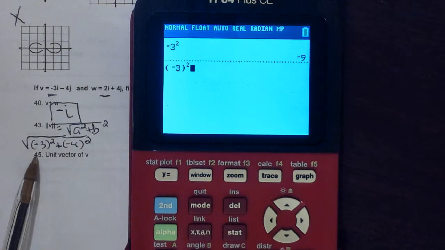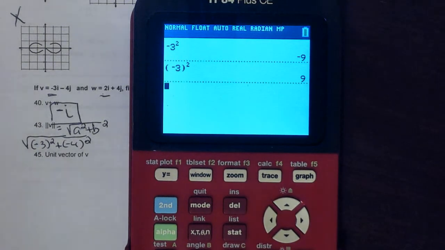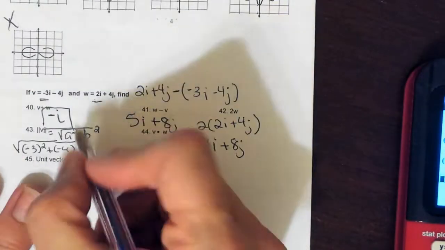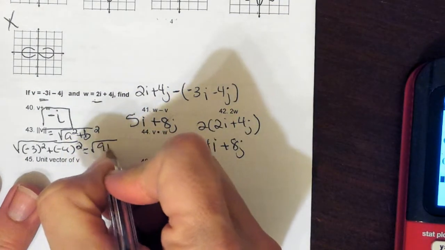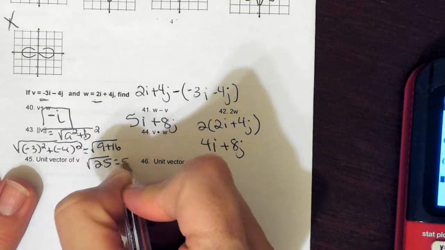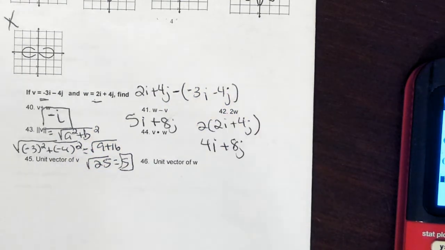Notice it's in parentheses. So it's not negative 9, it's positive 9. And the same thing here with negative 4. Remember to put it in parentheses when you square it. So we have 9 plus 16. 9 plus 16 is 25, and the square root of 25 is 5.